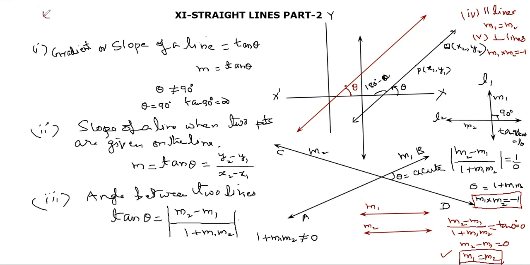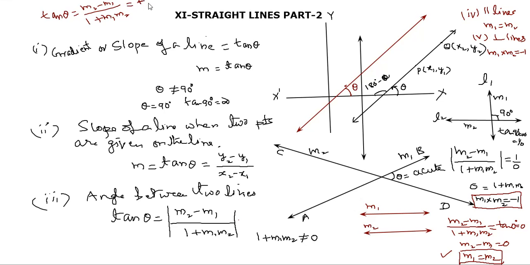If you find tan theta, (m2 minus m1) upon (1 plus m1 m2), without using the absolute value, it can give a value of minus or plus.